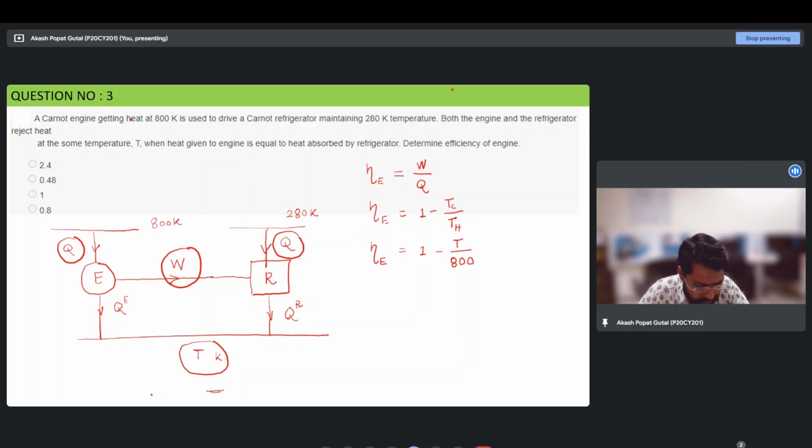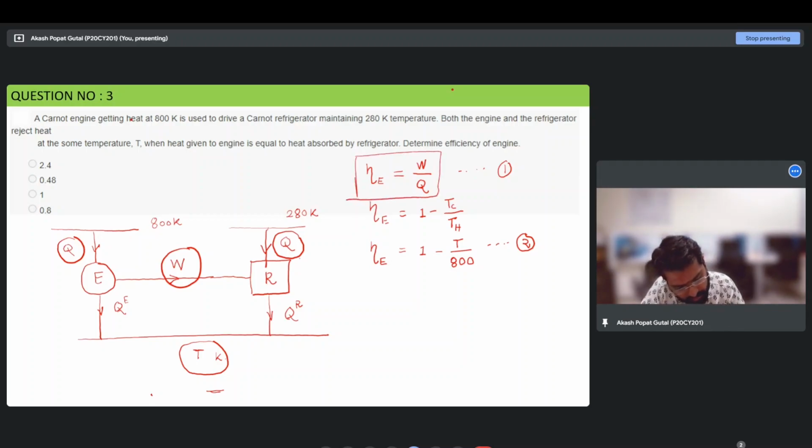In equation 1 and equation 2, if you see carefully, we have three things which are common, and that will help us simplify. W, Q, and T are common to the refrigerator and the engine.